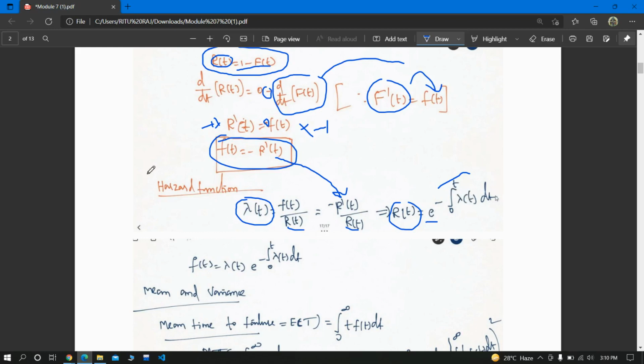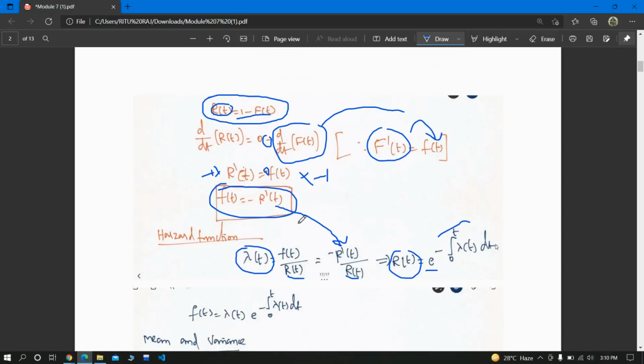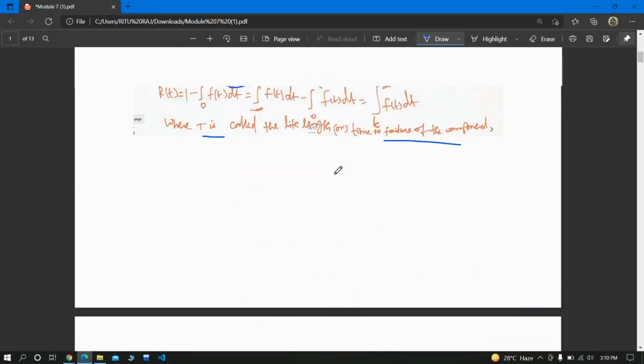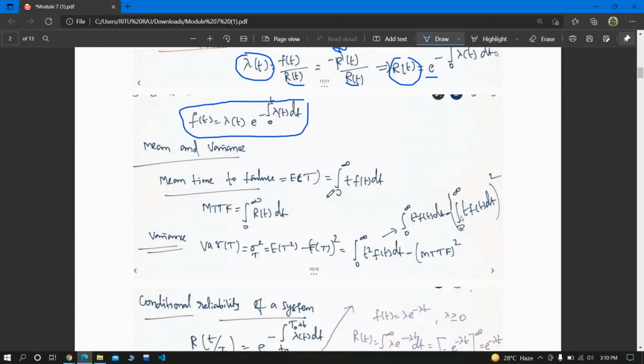You need not worry about all these things. Just remember these formulas. This is the formula you need to remember, and this you remember, this you remember. What is R of t? These are the formulas which you need to remember, and when we solve the questions, it would be more clear to you.